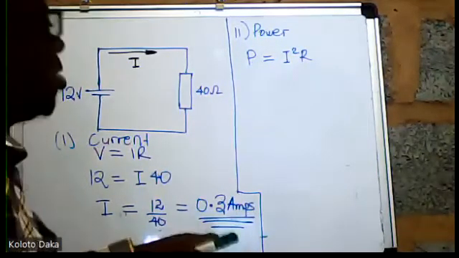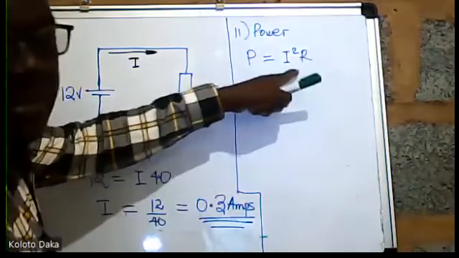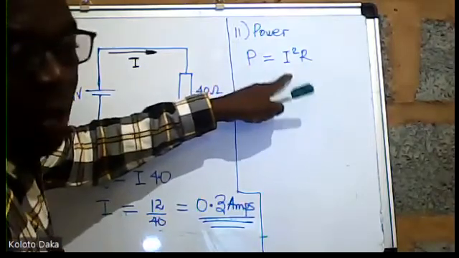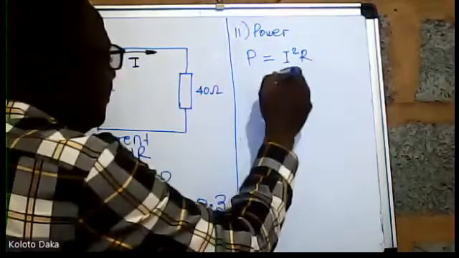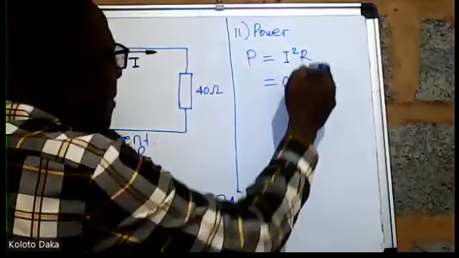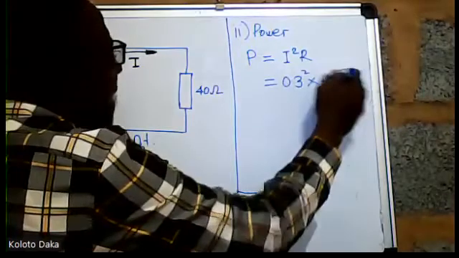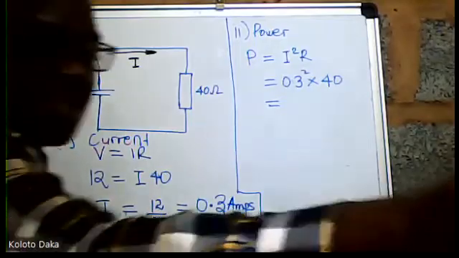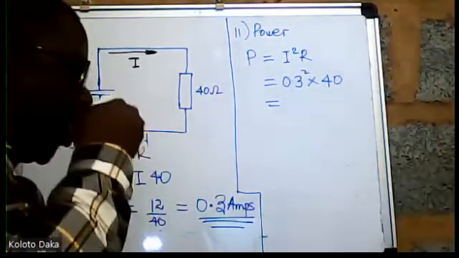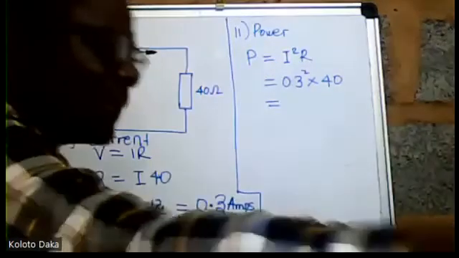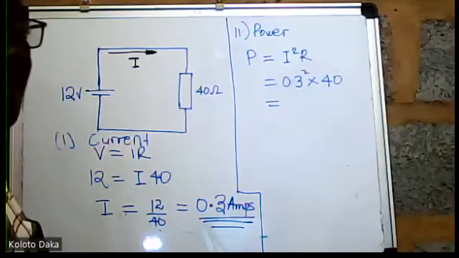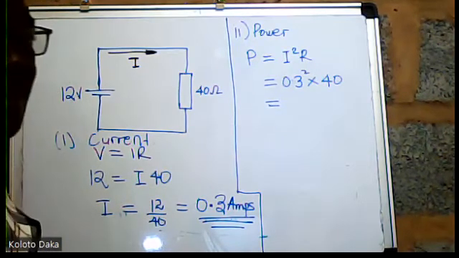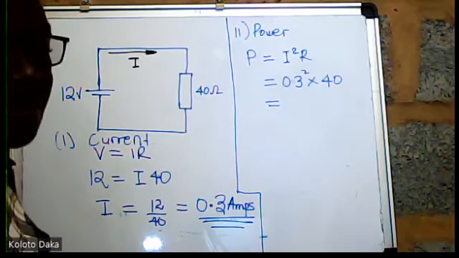So if your I was wrong here, you'll just be exposing more of your ignorance. 0.3 squared multiplied by 40. When I say punch, it means I'm saying punch.